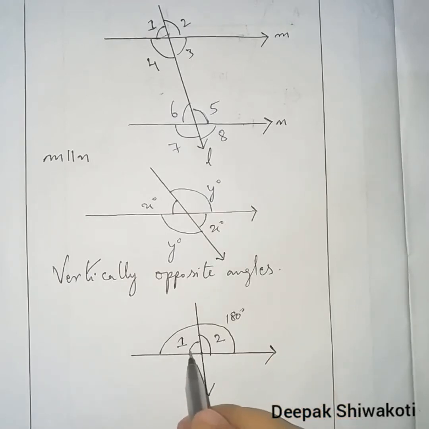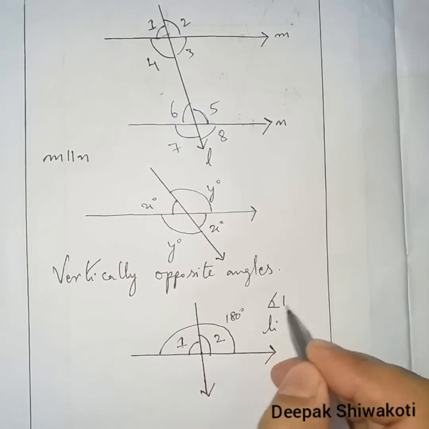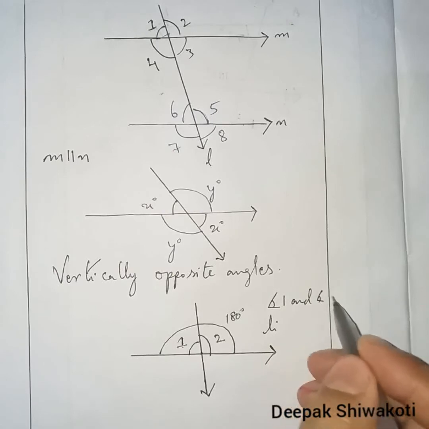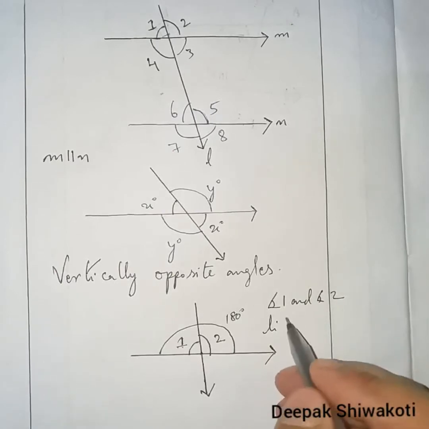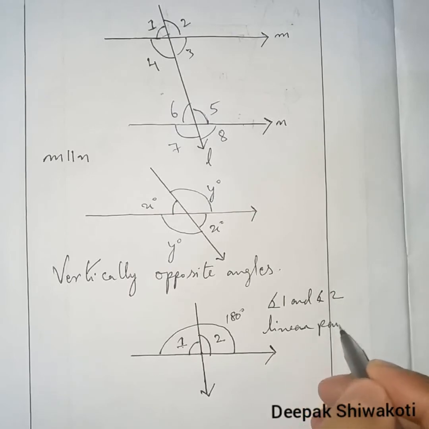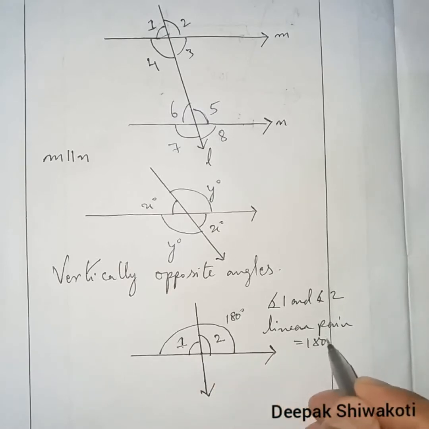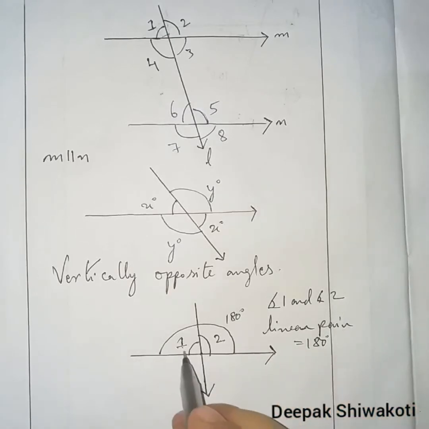So these two angles together are called a linear pair. Okay, angle 1 and angle 2 are what? Linear pair. Okay, a linear pair is equal to 180 degrees. All right, and these two angles are adjacent to each other.